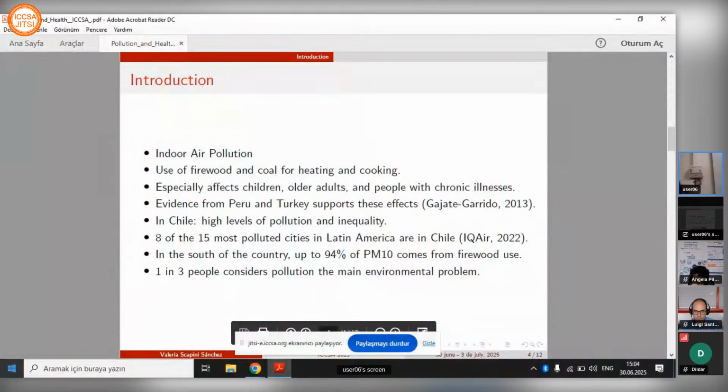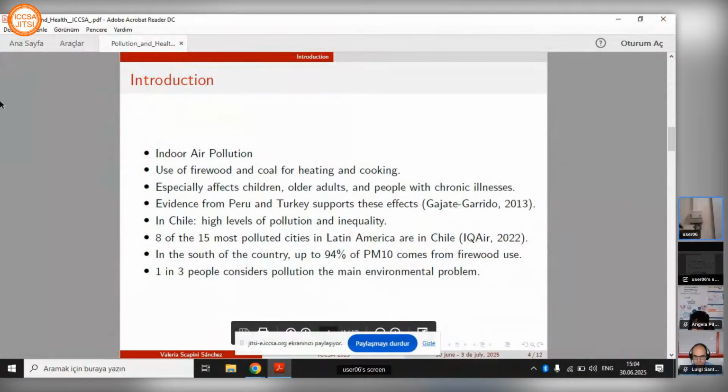In Chile, indoor pollution is a problem because outdoor pollution is a big problem. We have 8 of the 15 most polluted cities in Latin America.